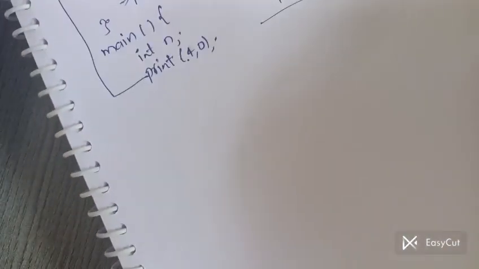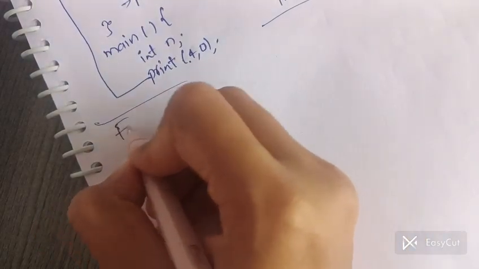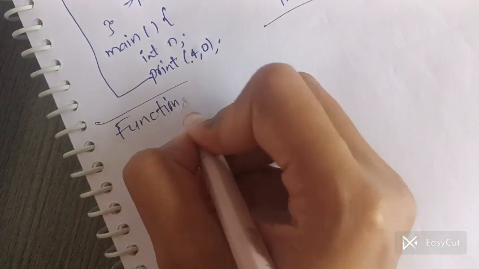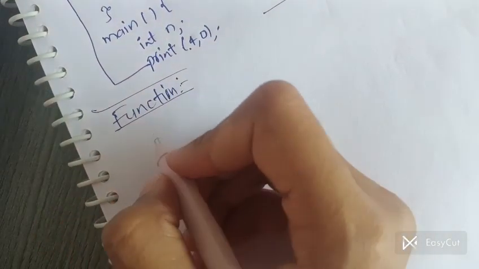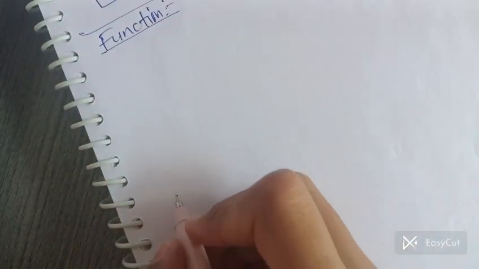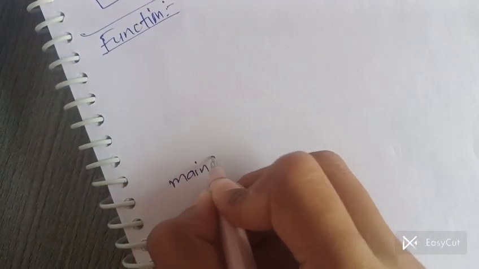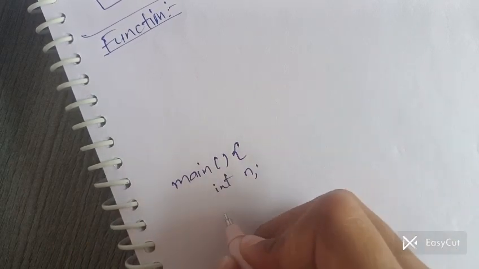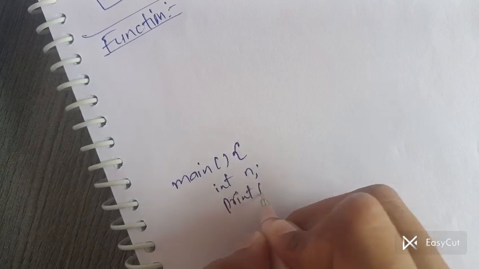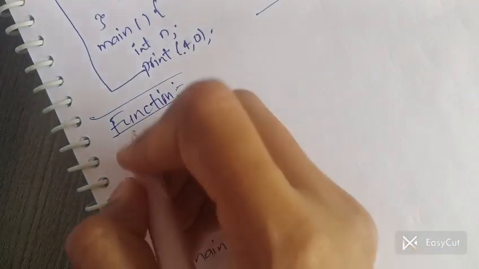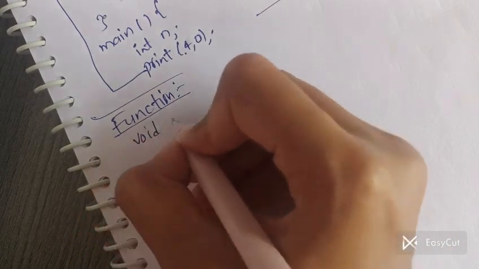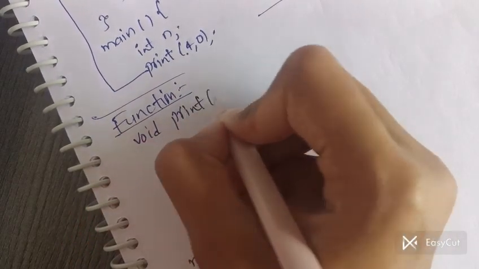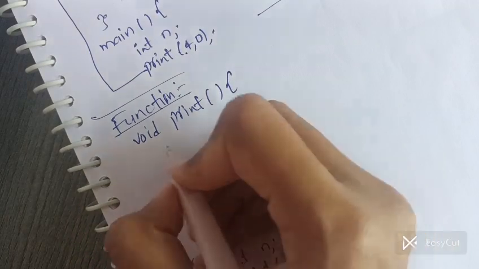Now let us see what happens if we solve the same problem using the functional method. In this case, the main method will be simple. Here obviously we take the input from the user and just call the function. Now let us define the function. We don't have to give any parameters here.